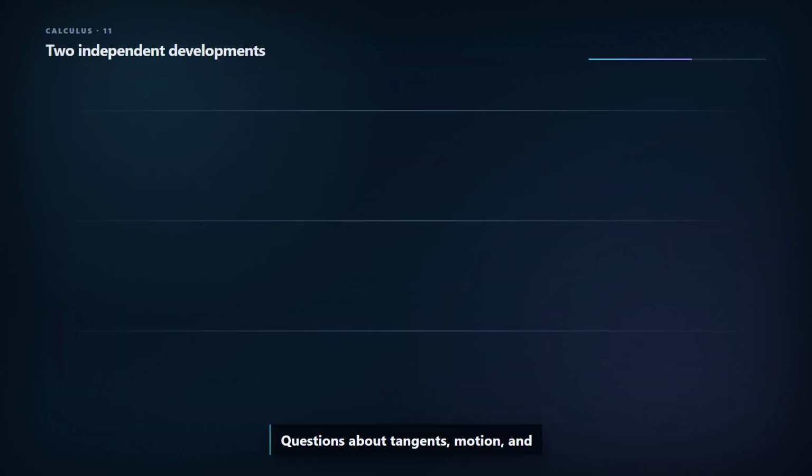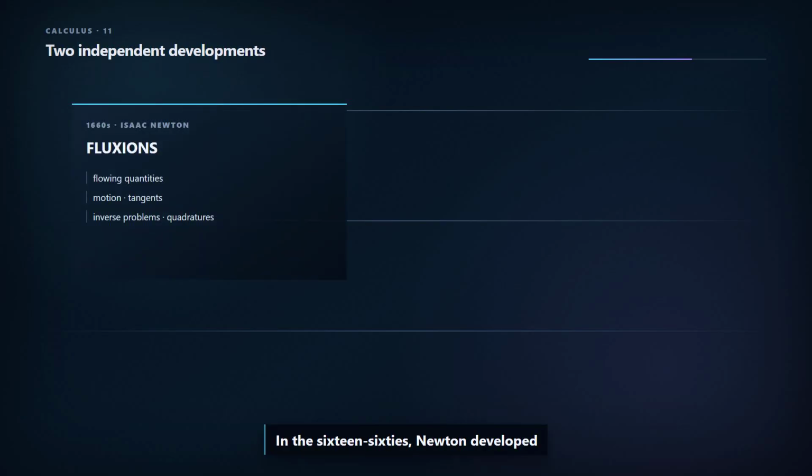Questions about tangents, motion, and areas had occupied mathematicians for generations. In the 1660s, Newton developed his method of fluxions, treating quantities as flowing with time and connecting their rates to motion, tangents, and inverse problems involving quadratures, areas.